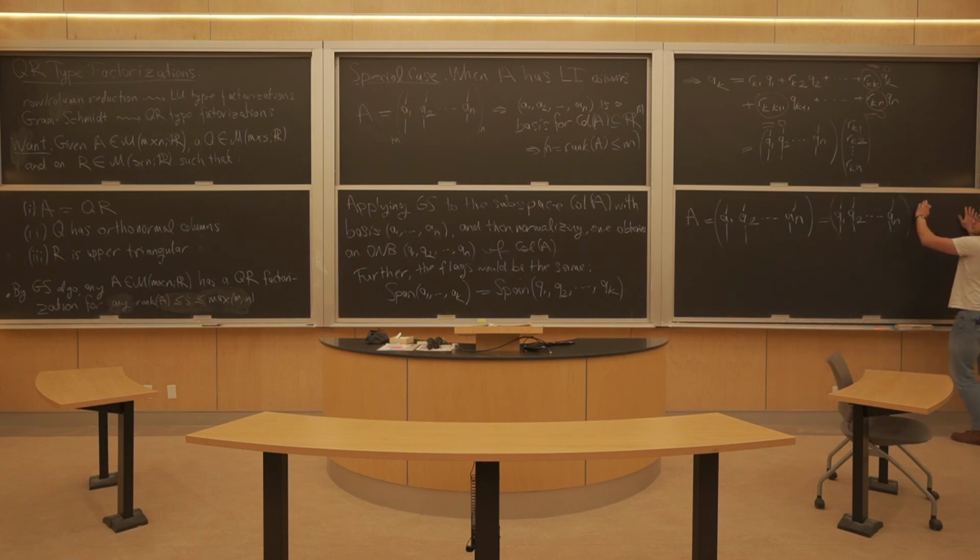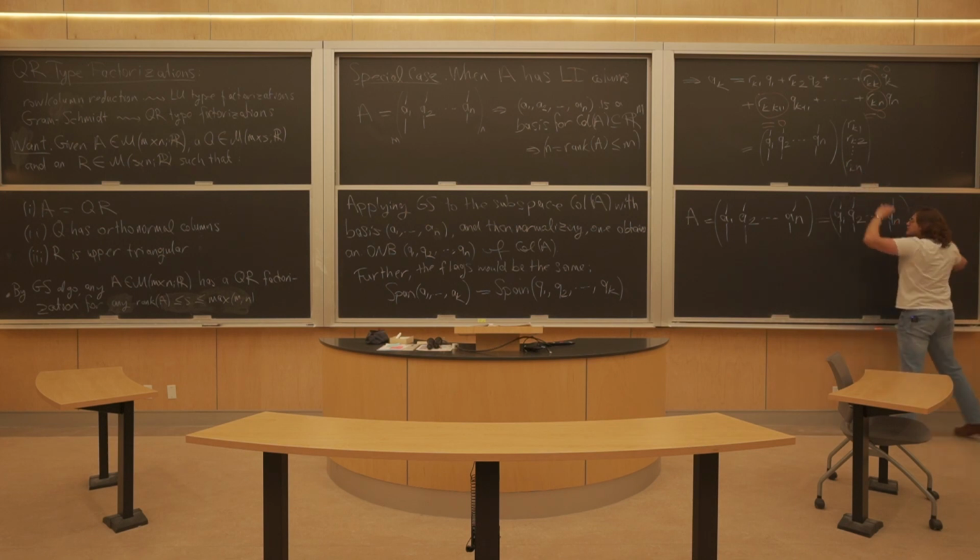But then here, you see this vector is going to change: R11 to R1n, R21 to R2n, and finally Rn1 to Rnn.